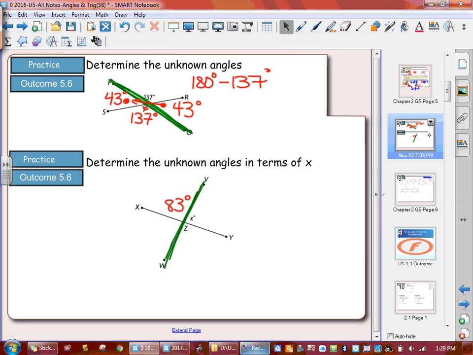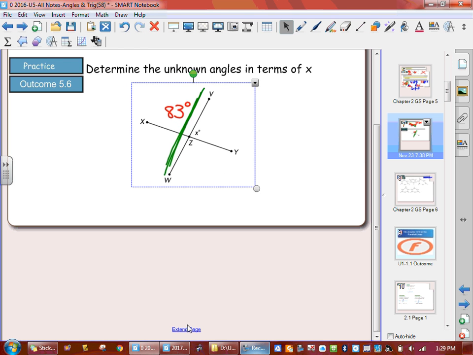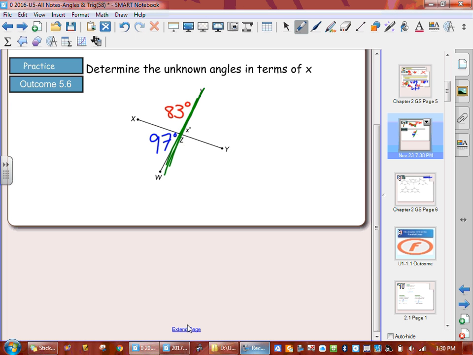So we see here in the diagram, anything adds up to 180. So we have 97 degrees. Now we know our two angles, so we can find the ones across from them. That means Z will be 83 and X will be 97 degrees. You're just finding the ones across. They will always match. All right, let's take a look at the next few.